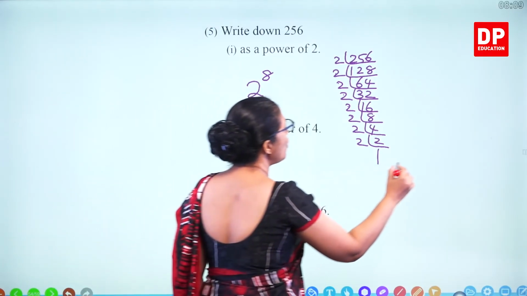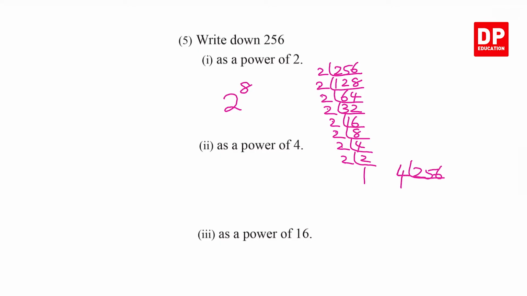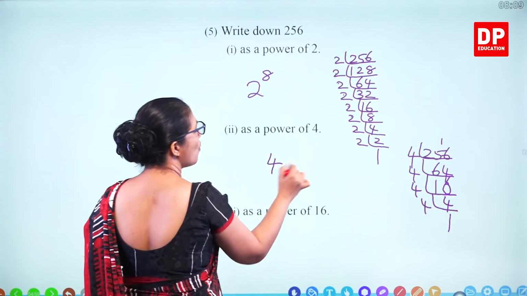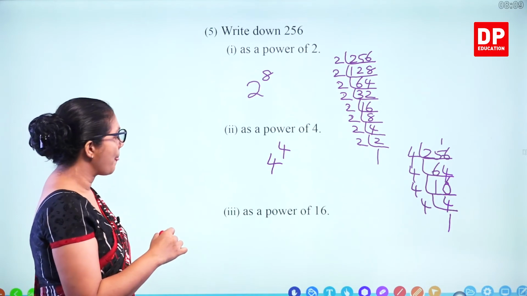As a power of 4, you divide by 4 now. 4 times 6, 24, and 4. 4 times again, you get 6, 24. 4 times 4, and 4 times 1. So how many times? 4, 4 times. So 4 to the power of 4.